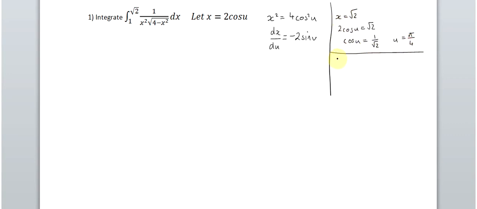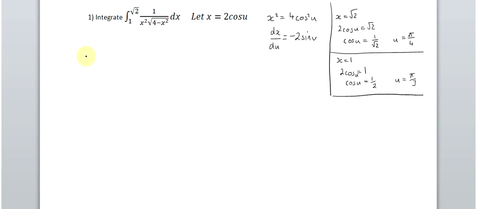And the other limit, if x equals 1, then of course that means 2 cos u equals 1. Cos u is going to be a half, and that means that u equals pi by 3. So there's our limits.